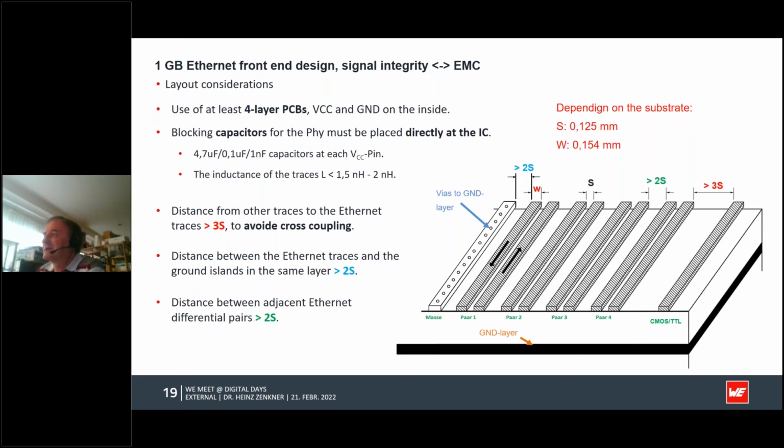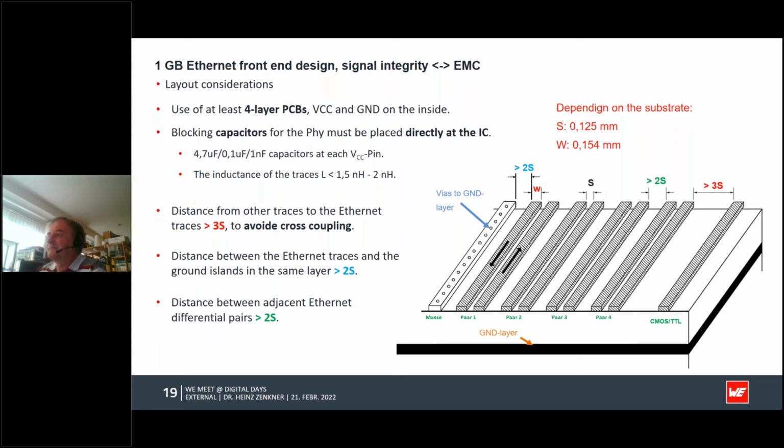Then the distance between an Ethernet pair and other traces should be more than 3S, which is defined here. You see 1S is 0.125 millimeters, so you can calculate the distance between TTL, CMOS, or other signal traces and the pair.